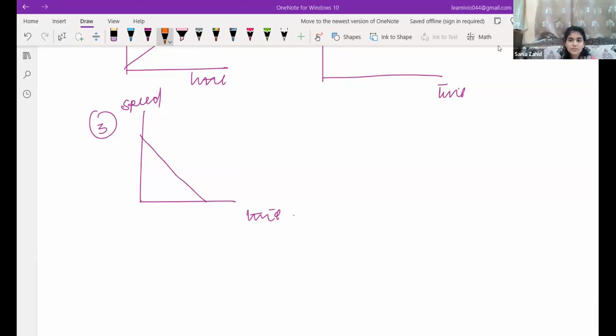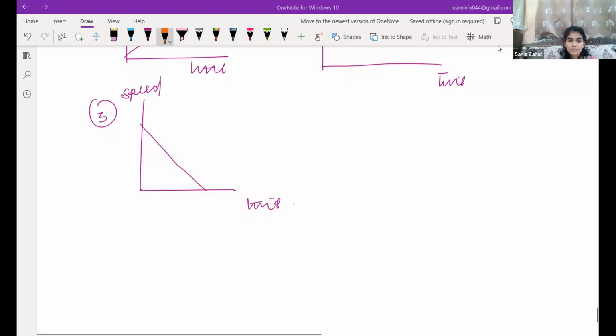What kind of motion, Atheeb? Uniformly decelerated motion. Yeah, negative acceleration. Very good. Uniformly decelerated motion.